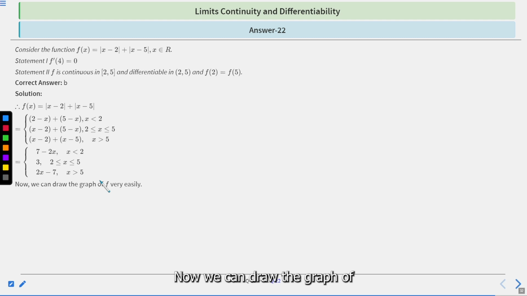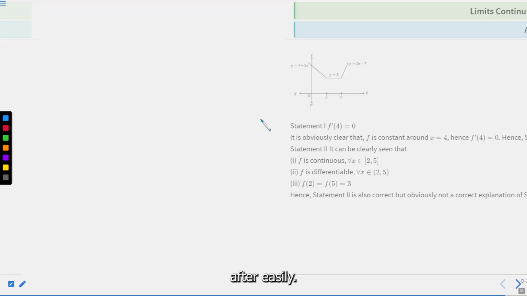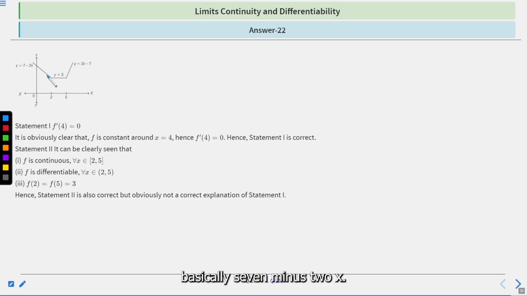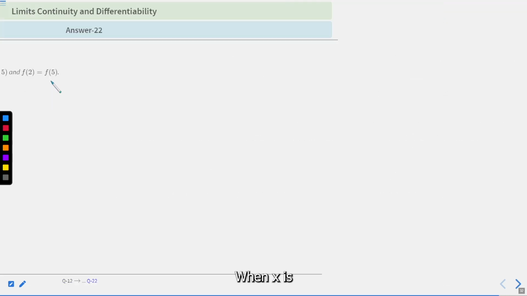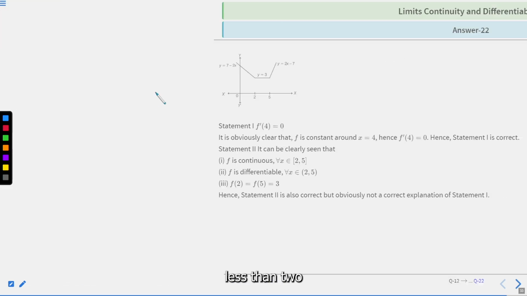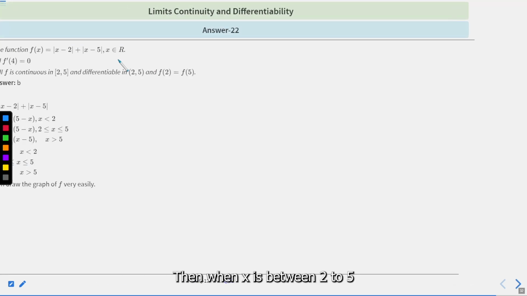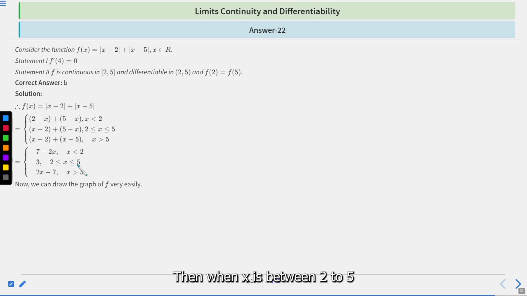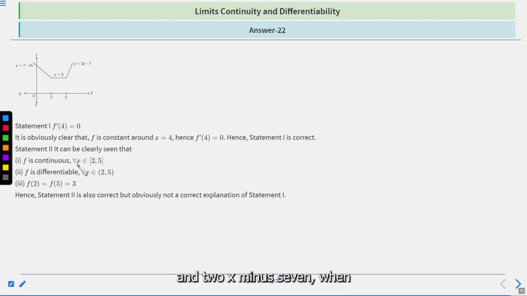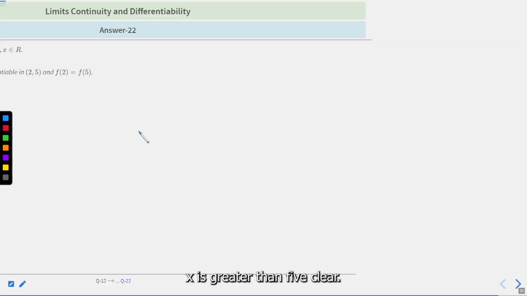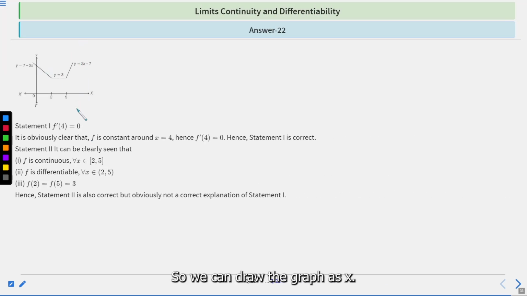Now we can draw the graph of f very easily. Clear? So we can draw the graph of f(x).